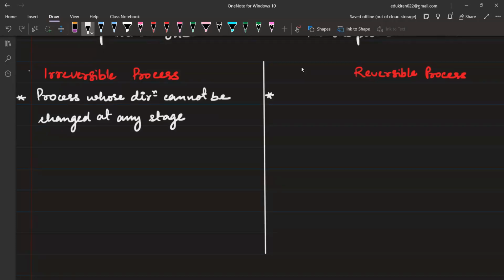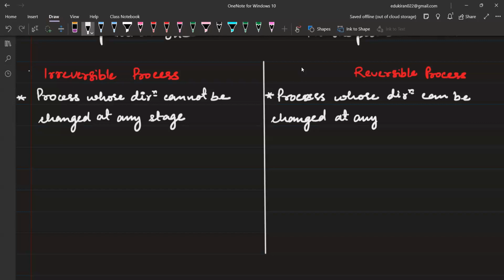Reversible process: process whose direction can be changed at any stage.